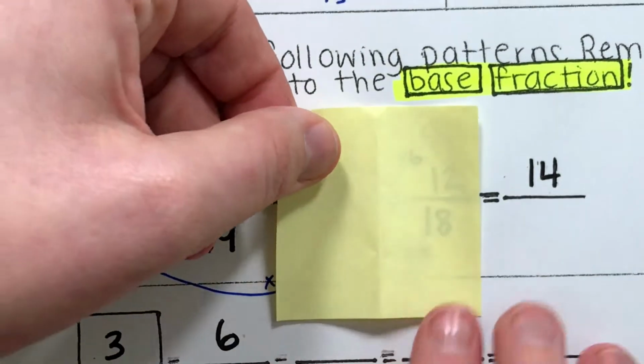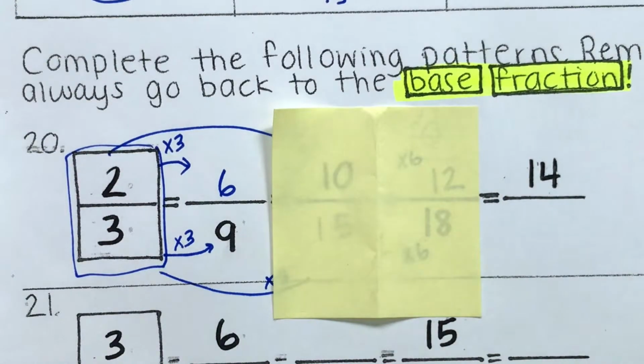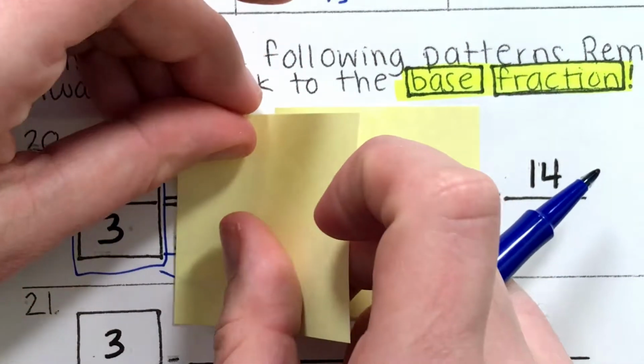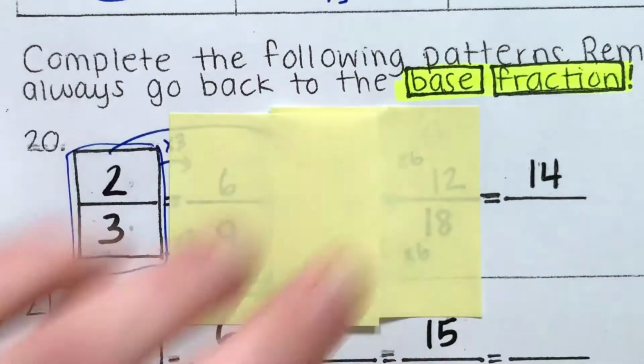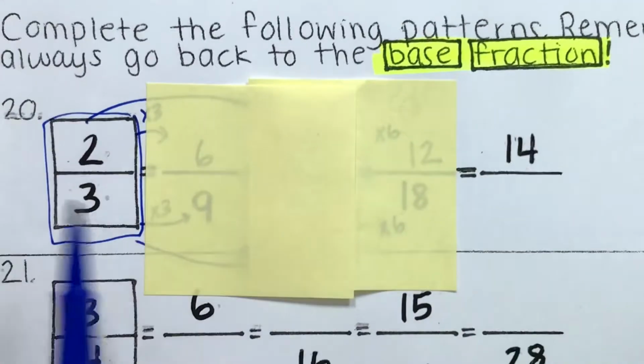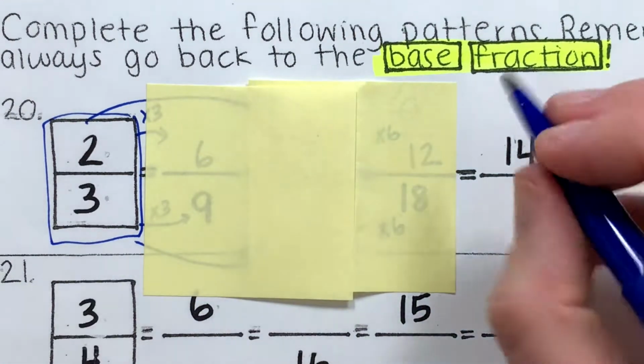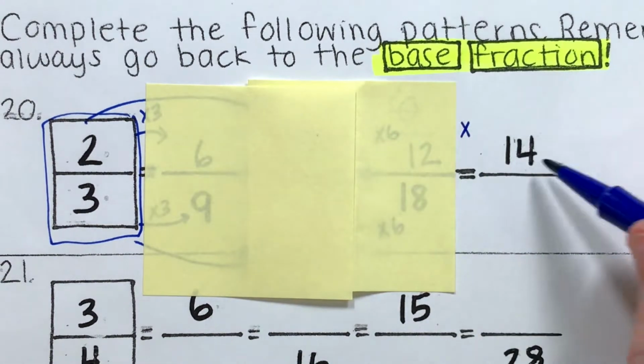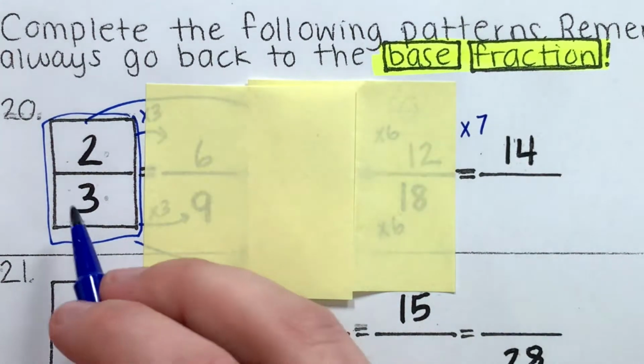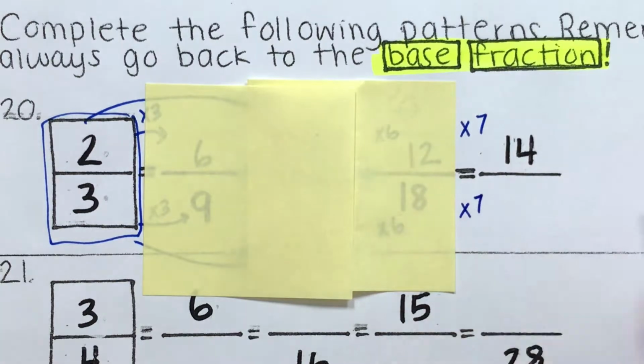All right, and then cover this up. I'm just using Post-its to cover this up so we don't get confused. So now I'm working with 2/3 and 14 over blank. So 2 times what gives me 14? 7. So 3 times 7 will give me 21.